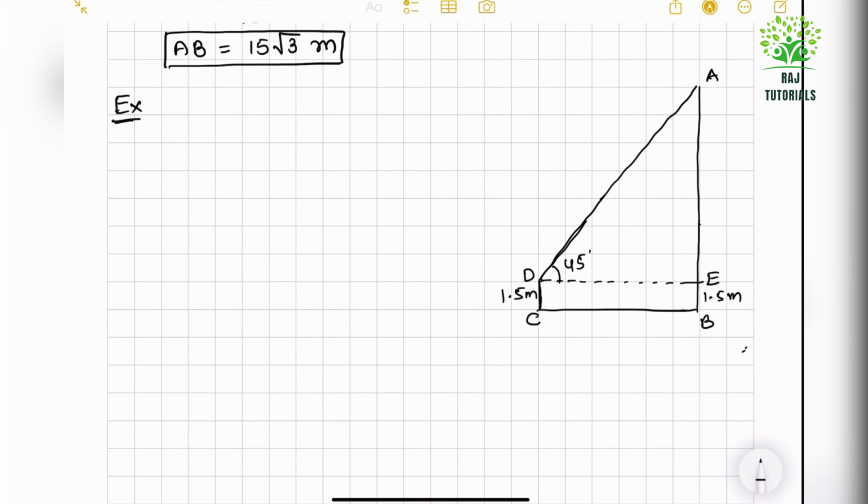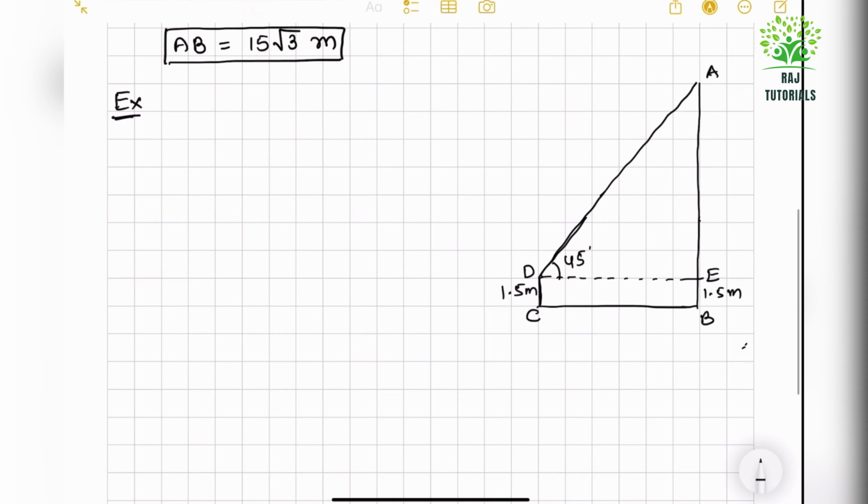See, the only things given are the angle and the height of the person standing. So angle D will be 45 degrees and the other thing given is DE equal to EB equal to 1.5 meter.